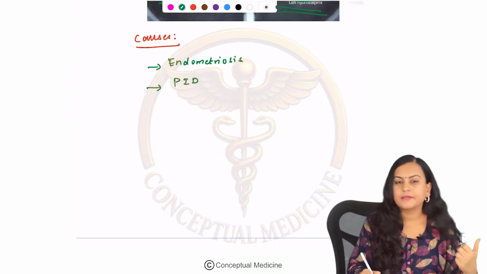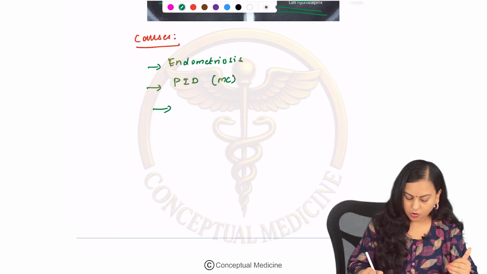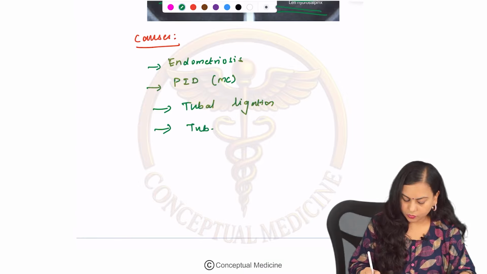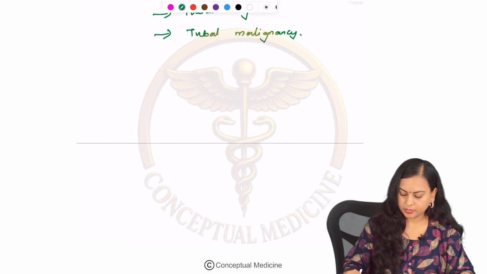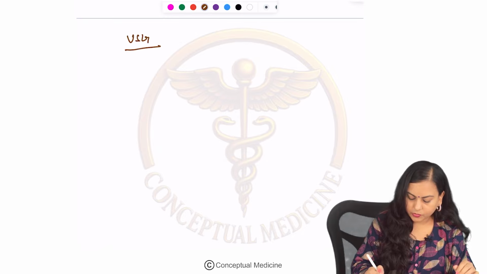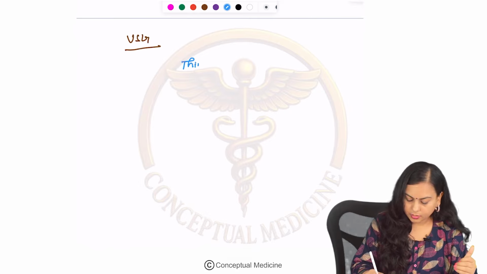Mostly pelvic inflammatory disease will be the cause, or it can occur after tubal ligation or even after tubal malignancy, right? Yes.